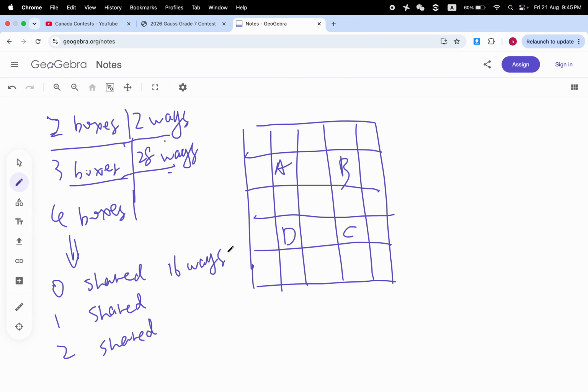Okay, and then if 1 is shared, let's say if this one is shared, the other 2 are not shared. So for the other 2, you choose 1 from these 2 and choose 1 from these 2. And then after these 2 are chosen, you're gonna look at the whole picture and see how many spots are left safe, right?